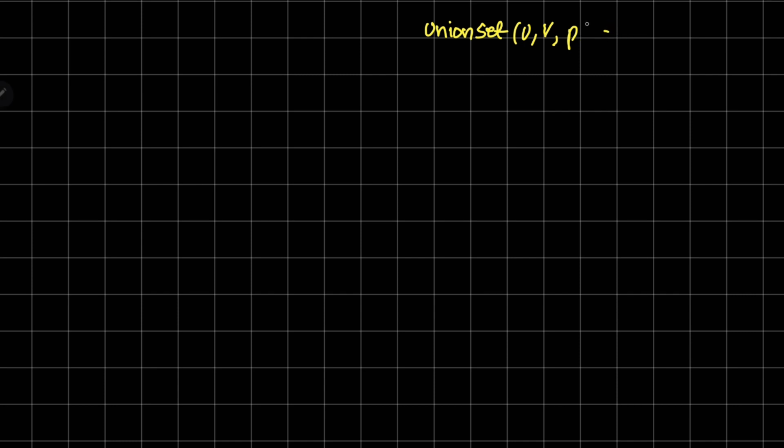So let's say we have a parent. Now what we'll do is find the parent of u and v. So we'll find parent u and parent v. As we can see, we have written the find function.